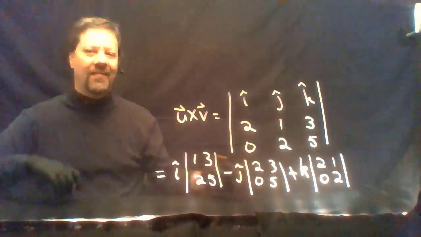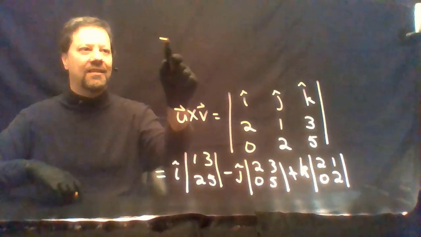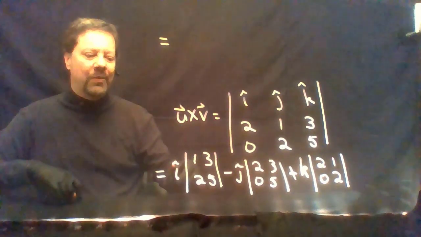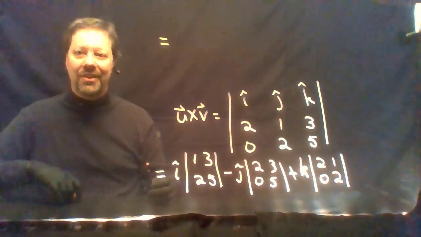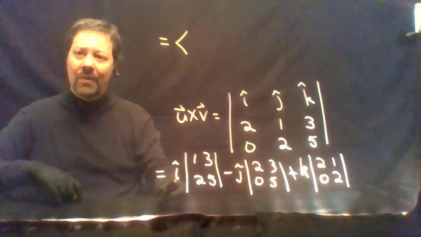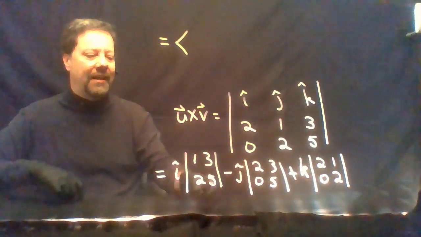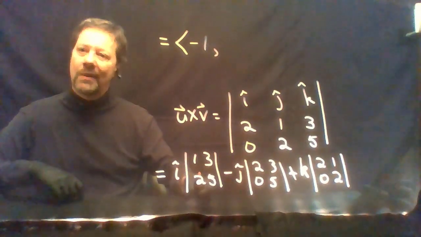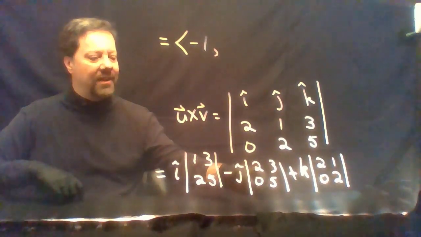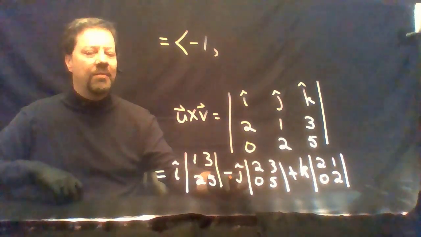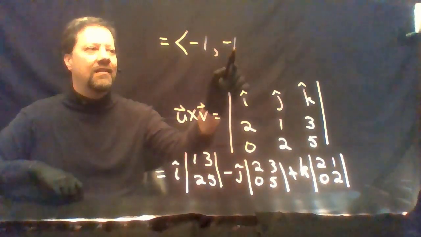What do you get? Note that we can switch between the ijk notation and the angle bracket notation. In the first coordinate, I will have 5 minus 6, which is minus 1. On the next entry, you have 10 minus 0, but you have to negate that.